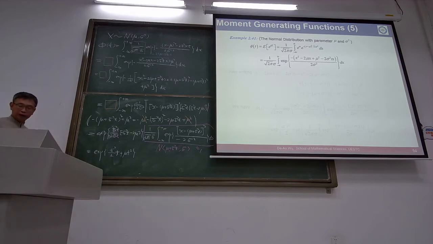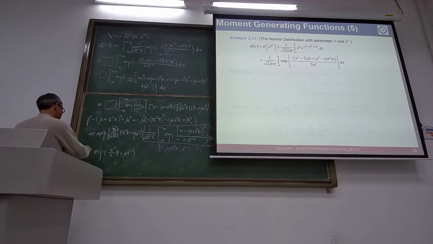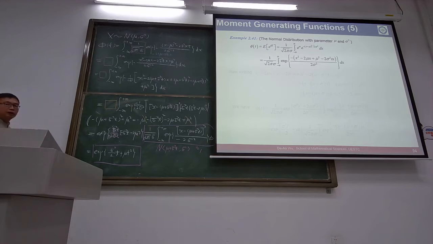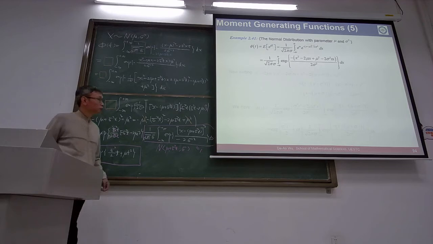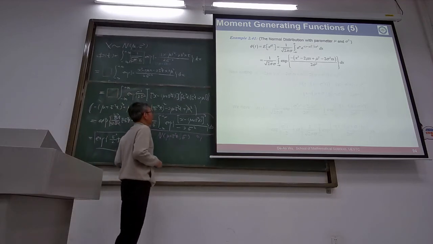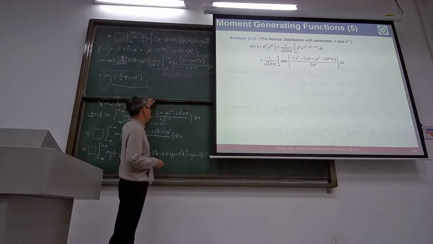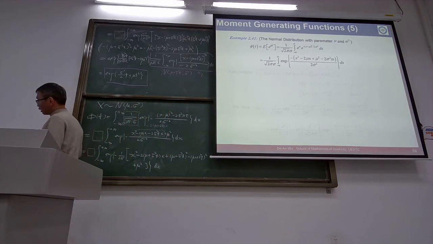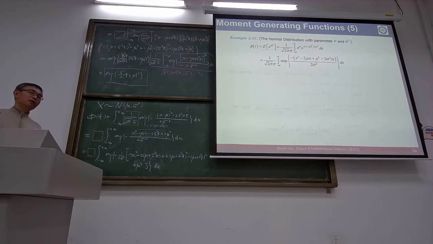So finally, we find that the moment generating function of the normal distribution is just like this one. In our class quiz, I asked you to find the expectation and the variance of a normal distribution.